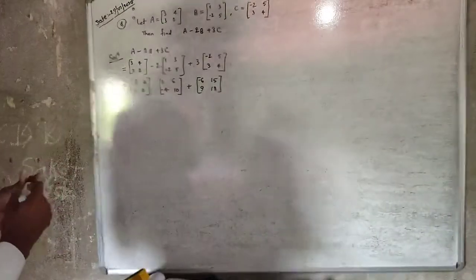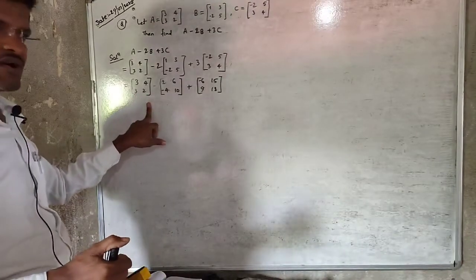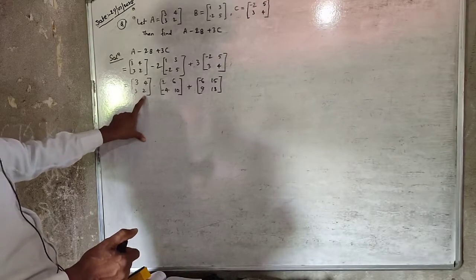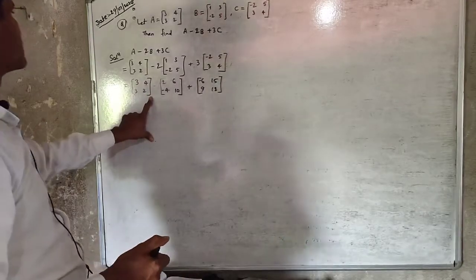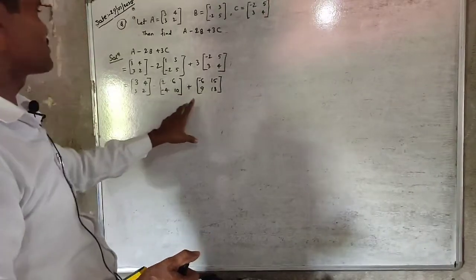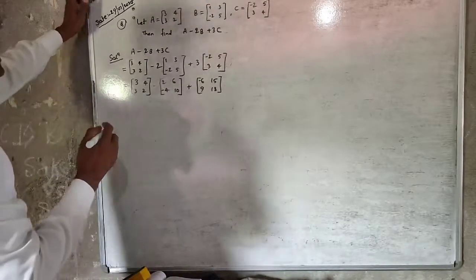We observe that all three matrices are of the same order: the first matrix is of order 2 by 2, the second is also 2 by 2, and the third is also 2 by 2. All three matrices are square matrices of order 2 by 2.